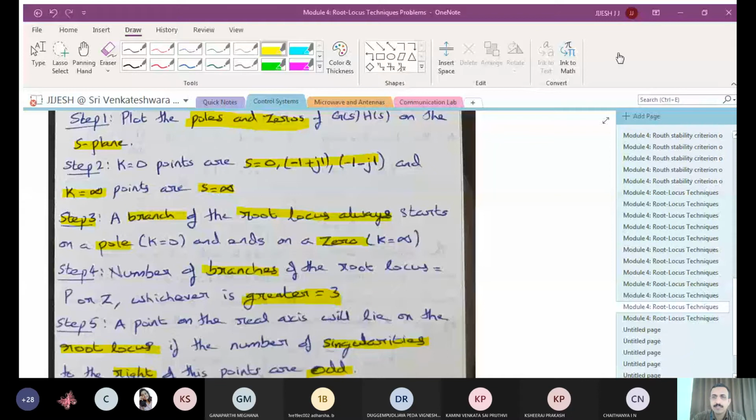So once you complete it, just let me know. We'll move on to the 6th step, that is finding the asymptotes, the centroid and the angle at which the asymptotes are placed.